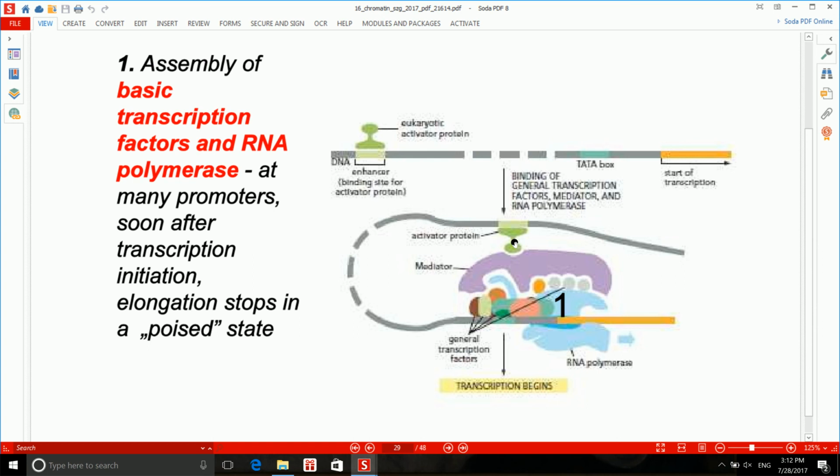So the only thing which remains is the silencers. Now, what are silencers? Exactly like enhancers, they are DNA sequences. They can be 100 or 1,000 base pairs away, exactly like enhancers, but their function is the opposite. So when certain transcription factors bind to those silencers, they help to inactivate gene transcription.